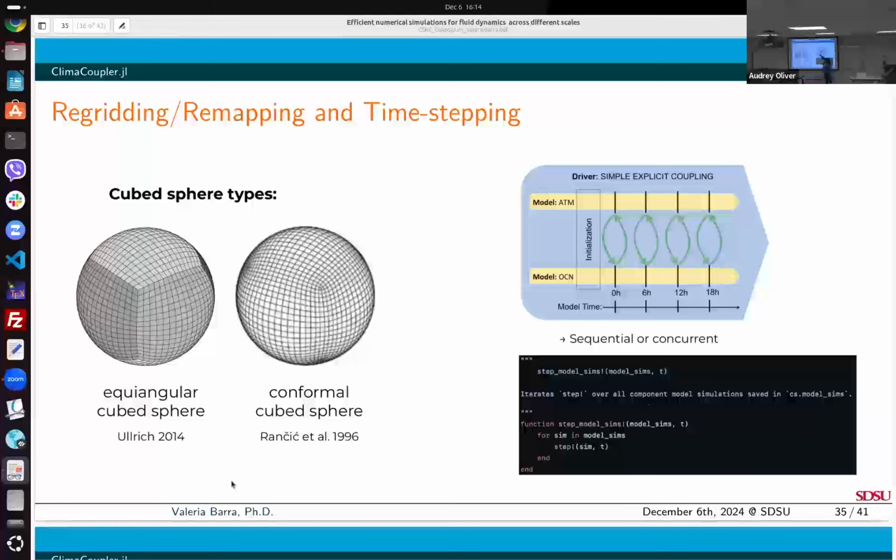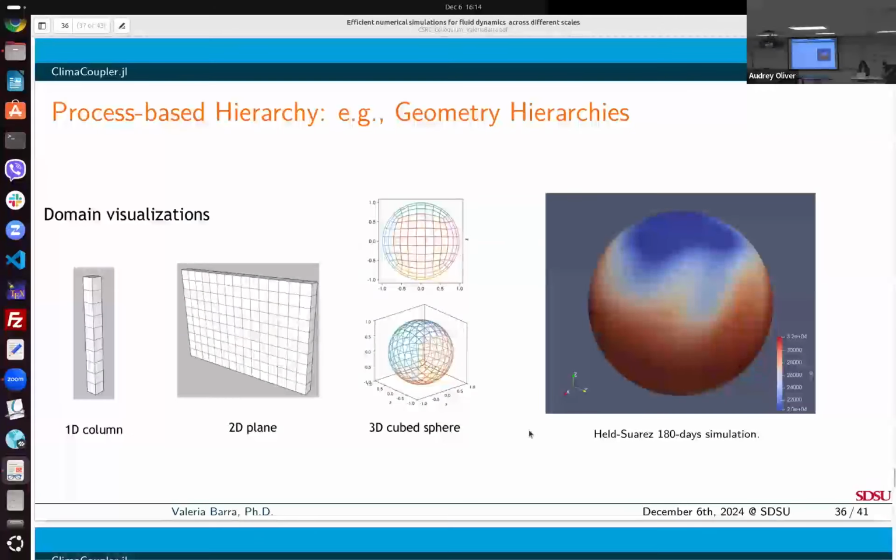You run the ocean and the atmosphere, and at given time steps that coincide for the two models, you exchange the quantities of interest, like energy fluxes. This is not the only way to do this. There are also leapfrog schemes and different types of schemes, but you have to be careful because your energy can grow unbounded. Yes. So in the coupler, also some of the work that we've done was to allow different hierarchies.